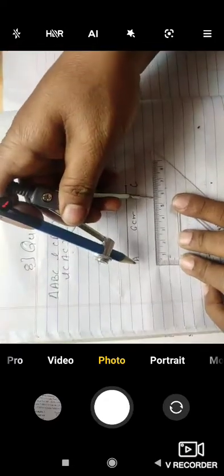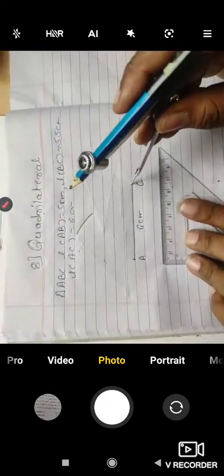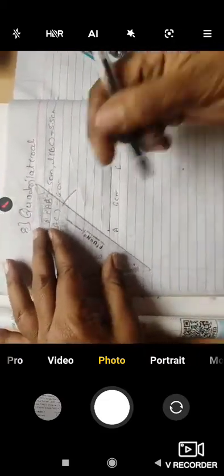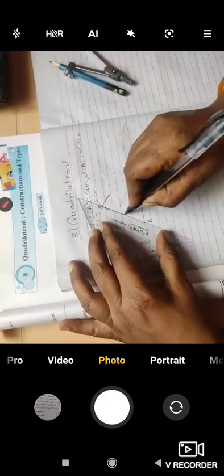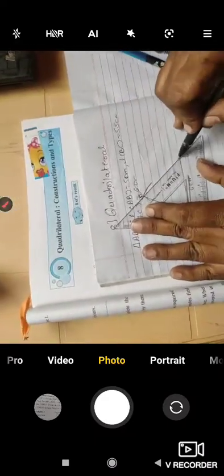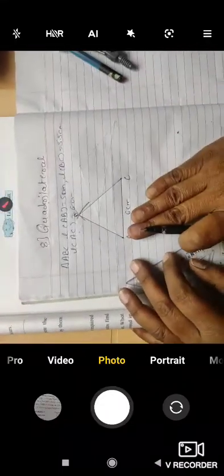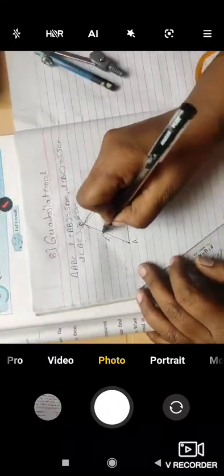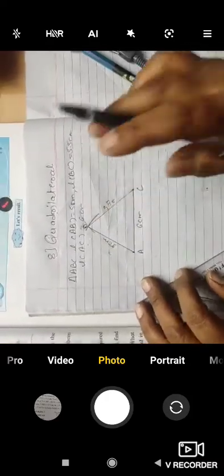Then draw the arc which intersects the first arc, from point C. This is my point B. Now join A and B, this point of intersection of the two arcs, and the end points of the segment AC. In this way we draw the triangle when its three sides are given to us.